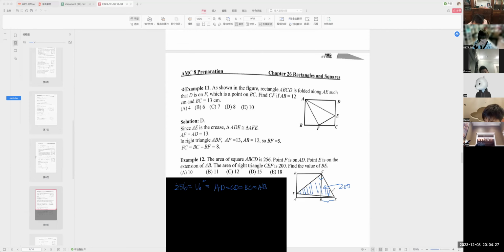Okay, so when you have these questions, you need to know that because ECF is a right angle, BCD is also a right angle. So if these two are right angles, that means these two angles are the same. Don't you agree with me, everybody? Because they share the same angle FCB. Okay, so BC equals CD, and we know BC equals CD, correct?